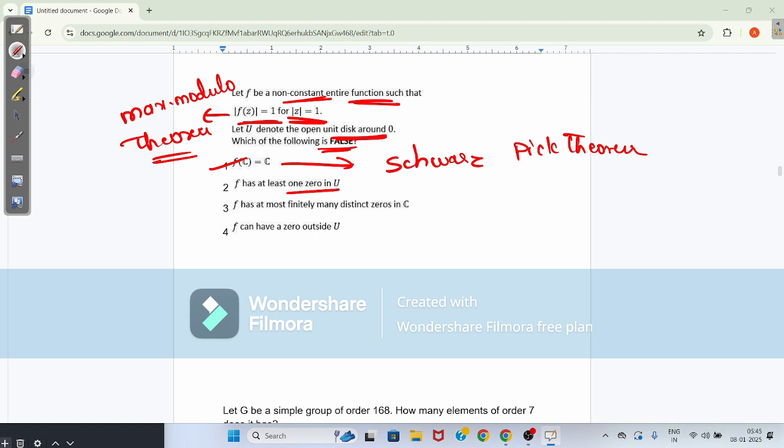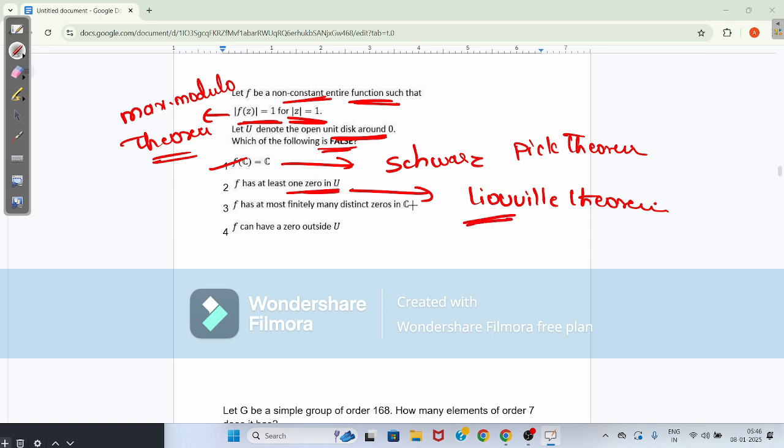f has at least one zero. This is the concept of the Liouville theorem. If f is a non-constant entire function, it has at least one zero.